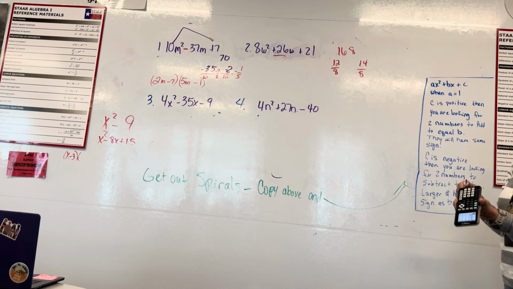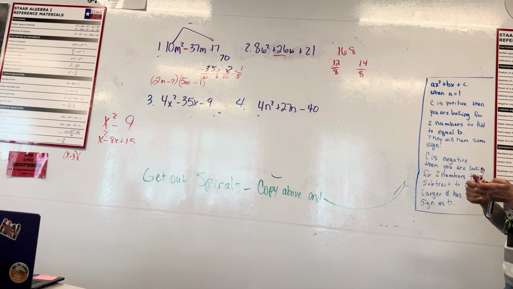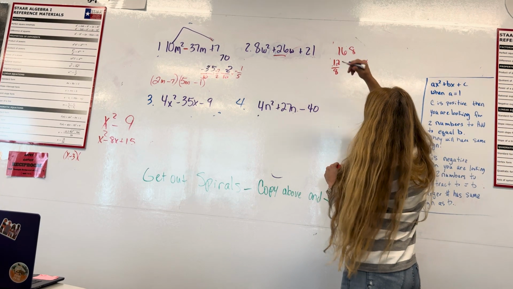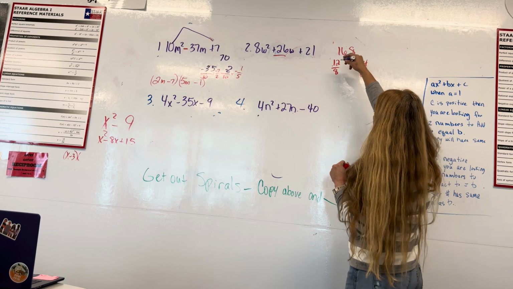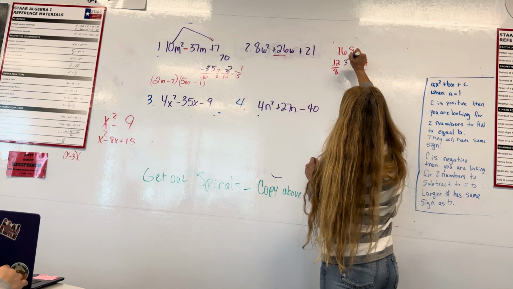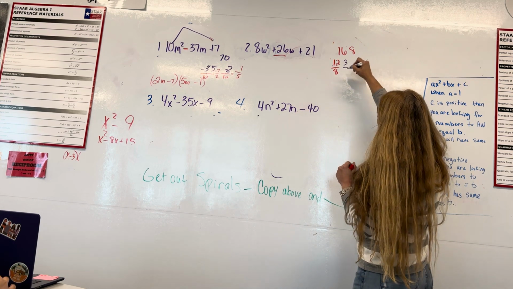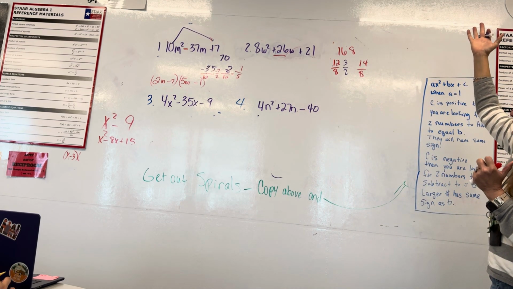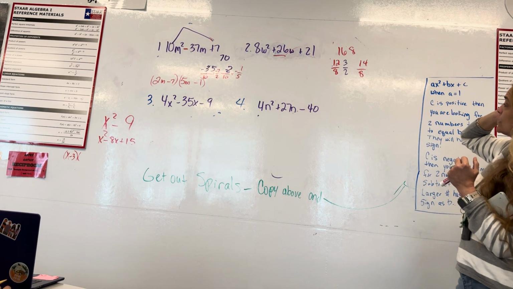Okay, and again, if you need your calculator to reduce for you, or if you want to check your reduction, you do alpha x. And so what can go in both numbers? 4. So 12 divided by 4 is 3. 8 divided by 4 is 2. 14 is 2 and 7, so we can only take a 2 out.